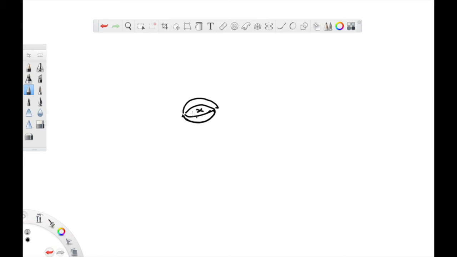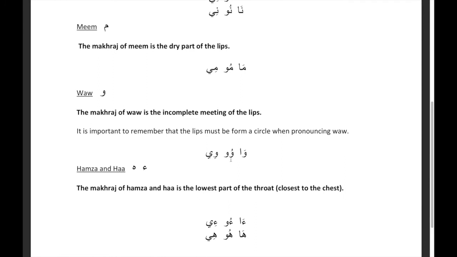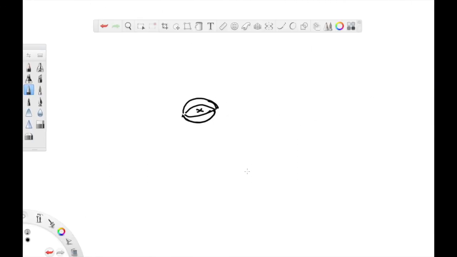So the space in between your lips is where the letter Waw is pronounced from. You will have to stick out your lips a little bit to pronounce it. Wa, wu, wi. Form a circle, see this part right here was a circle.